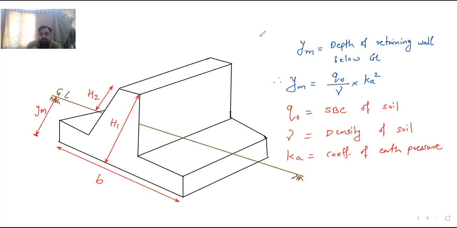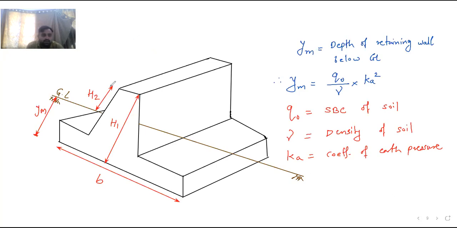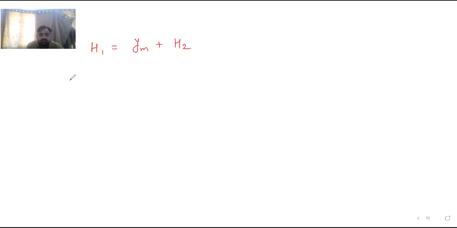So based on this, moving further, then H1, I have just written over here, H1 is equal to what? It is Ym plus H2. If you add H2 and Ym, you will get H1. H1 is the total height.